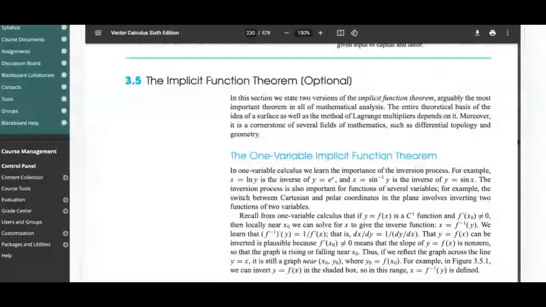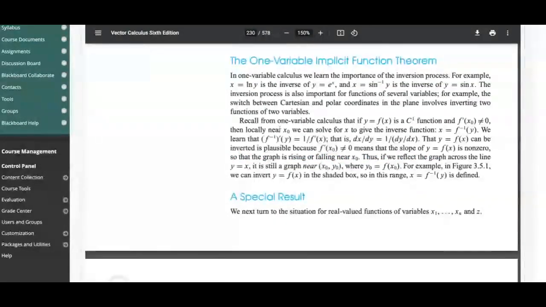Implicit function theorem. Let's just recall from single variable calculus. If all the conditions hold, we have the inverse function theorem, which says the derivative of the inverse function of f, which takes y as input, equals 1 over the derivative of f.